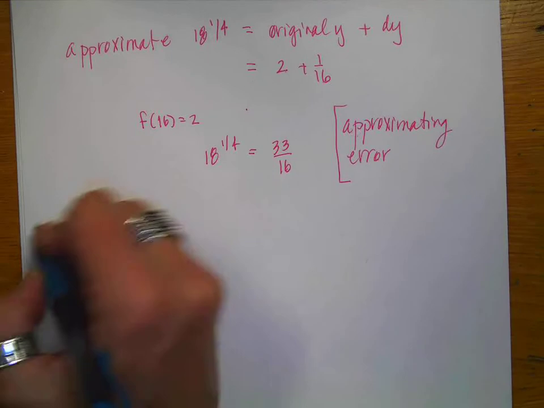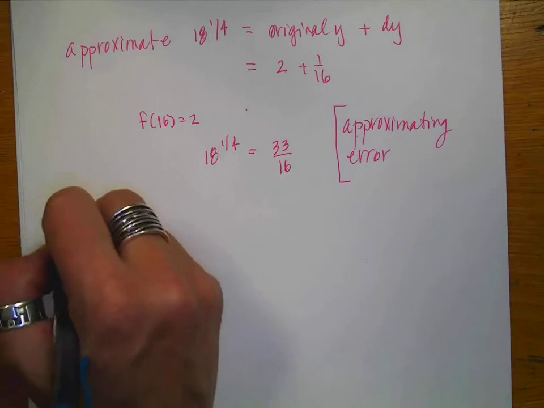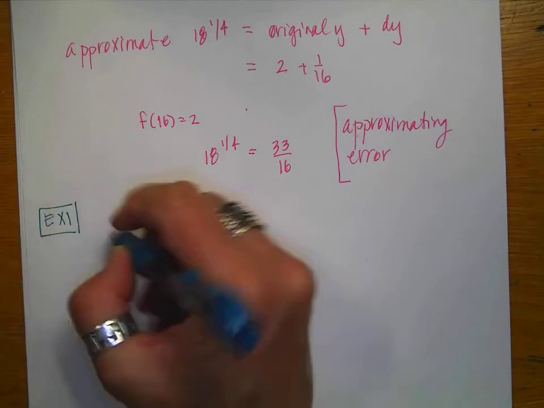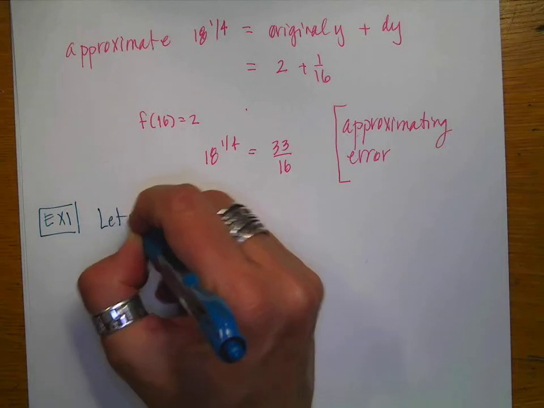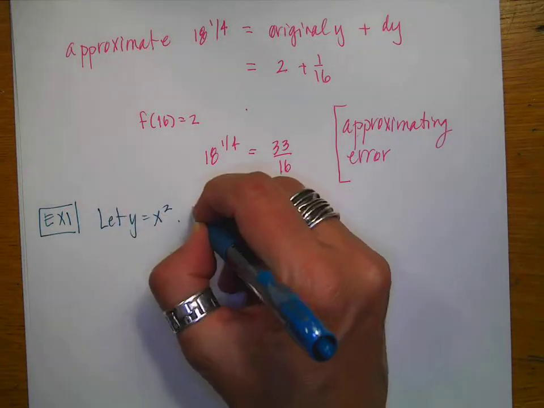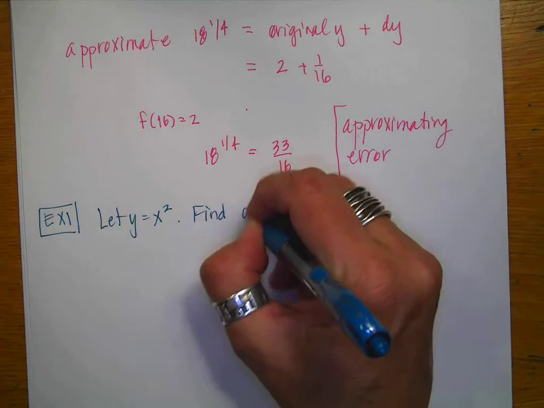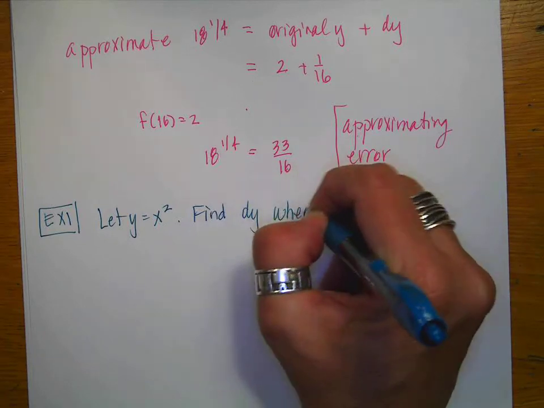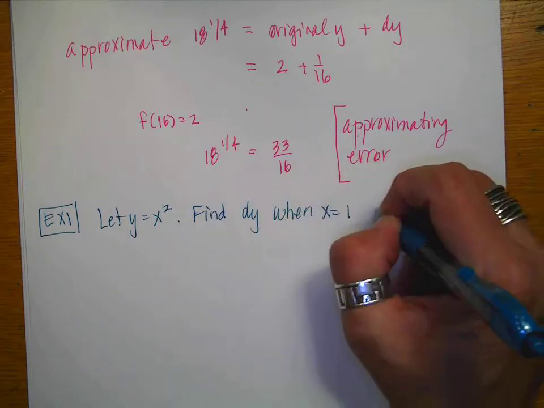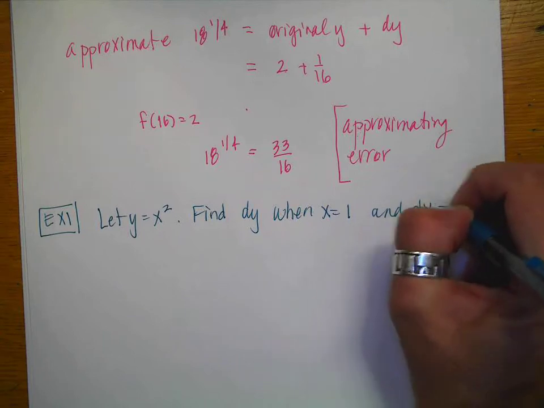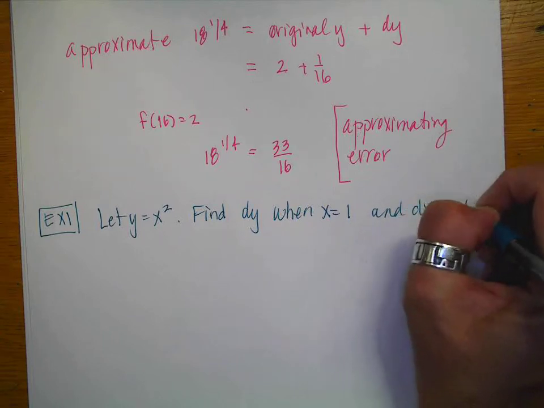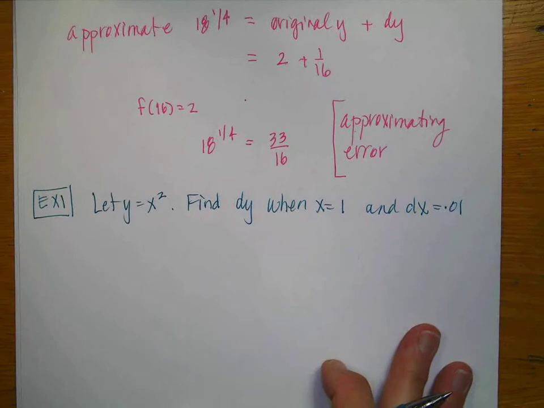So I know this probably seems a little bit confusing, so let's do an example. We only have one again today, so I'm going to let y equal x squared, and I want to find dy when x is equal to 1 and dx is equal to 0.01.